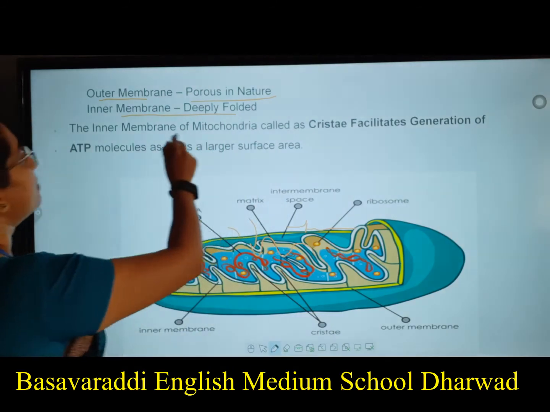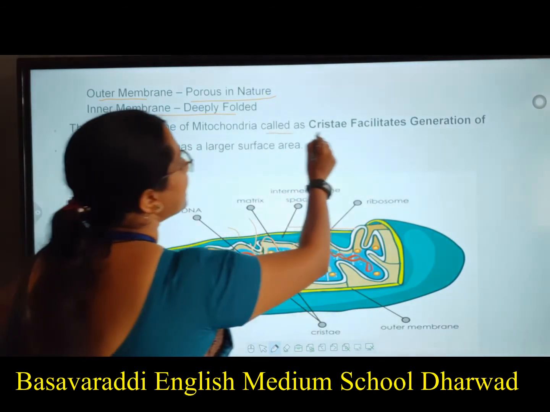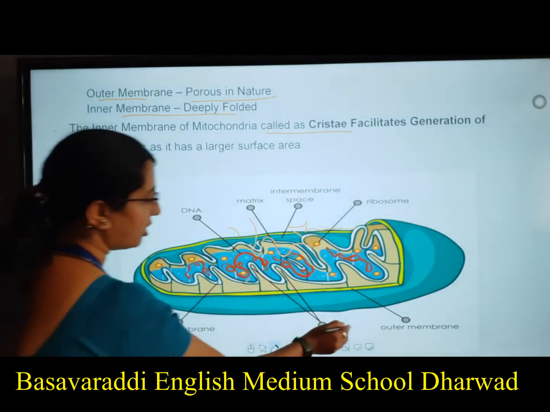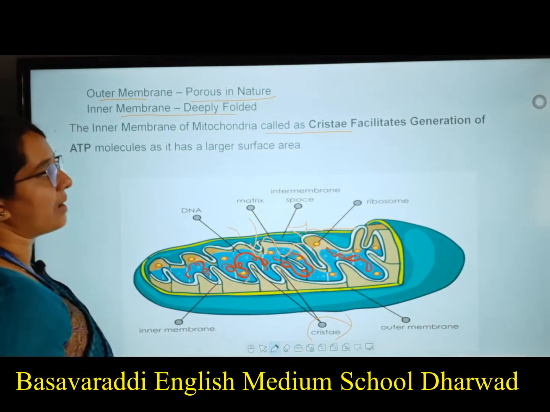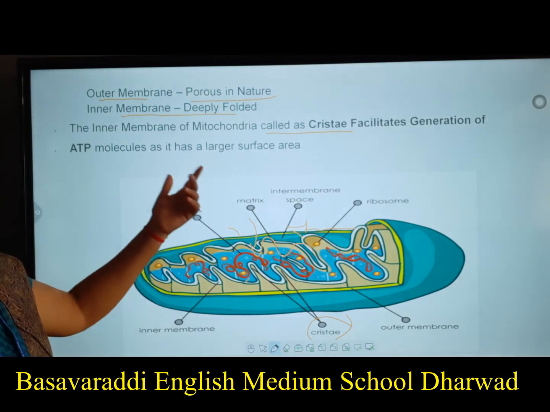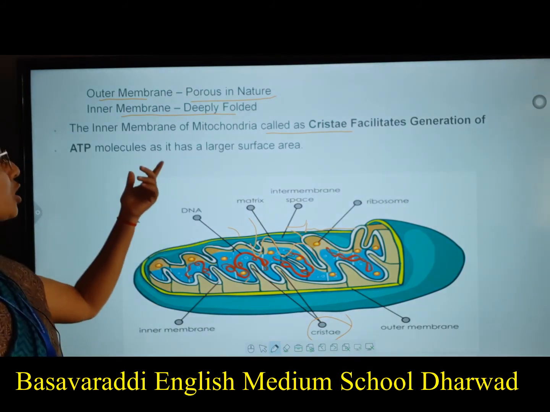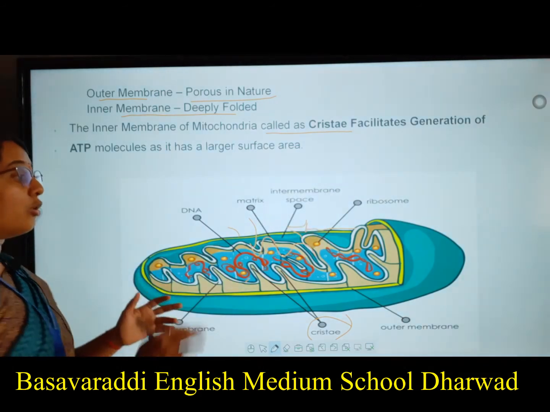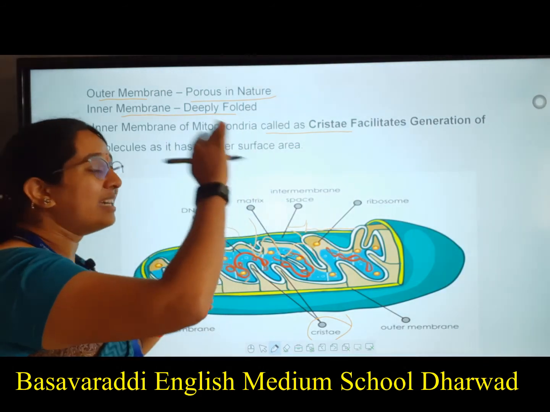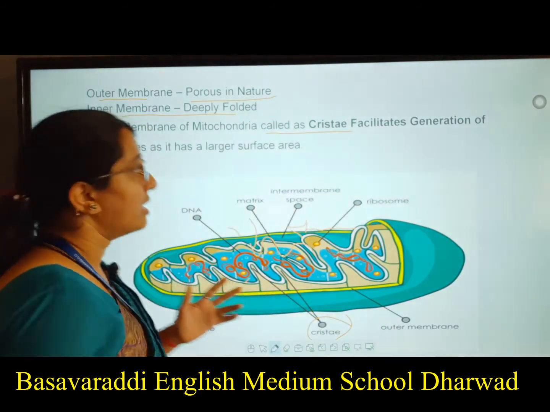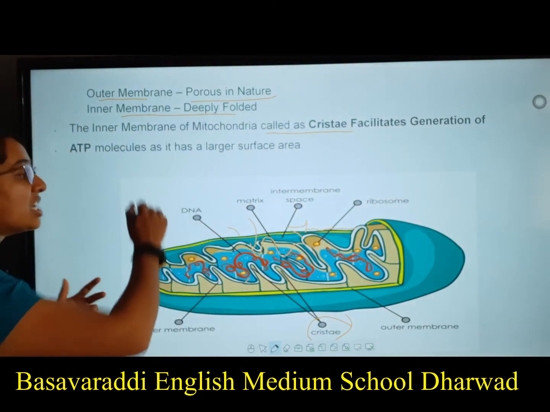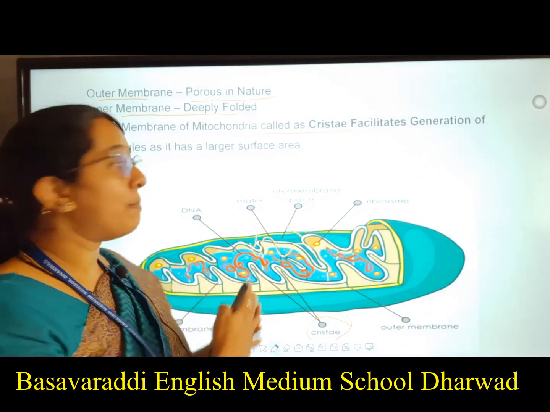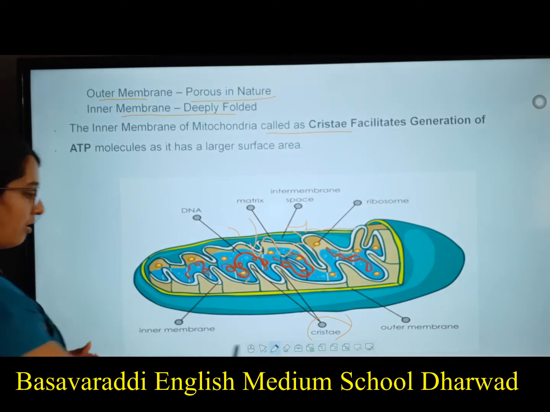The foldings of the inner membrane of mitochondria are called cristae. Cristae facilitate generation of ATP molecules as they have a large surface area. The reason the inner membrane is folded is that it facilitates generation of a higher number of ATP molecules.